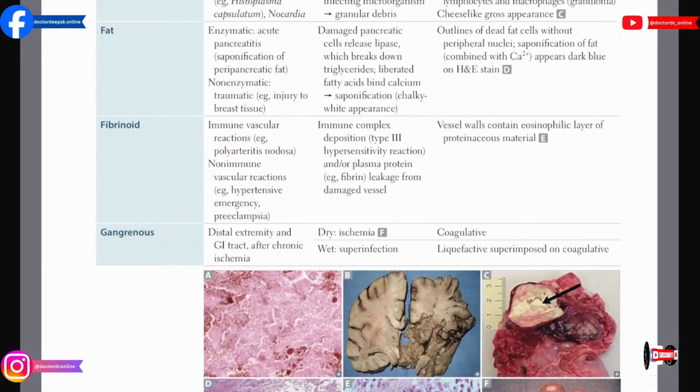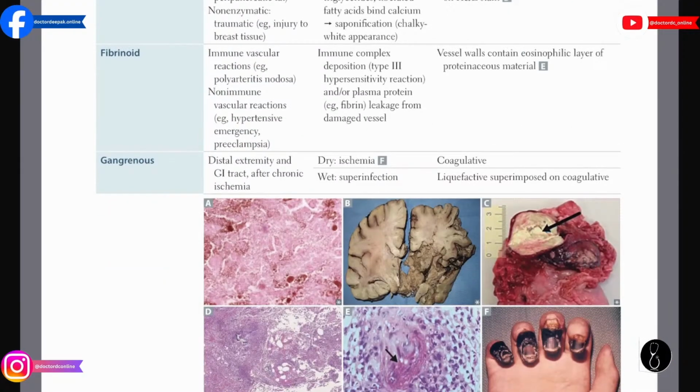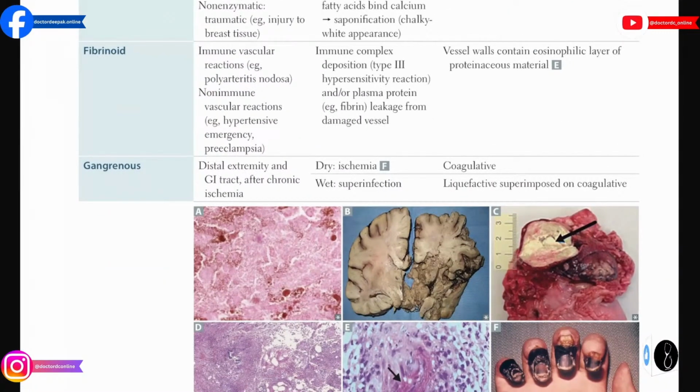Okay, so now we will discuss fibrinoid necrosis. First of all, keep one thing in mind: fibrinoid necrosis is a type of necrosis in which your blood vessel wall becomes necrotic. Basically, it is a necrotic damage to the blood vessel wall.